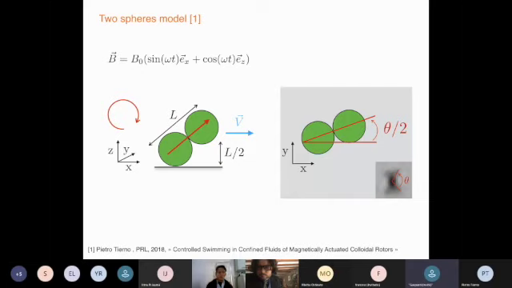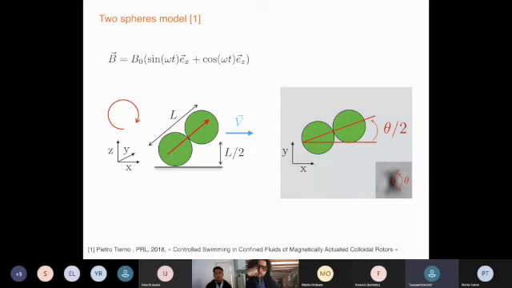Basically, here the microrod is modeled using two spheres glued together with a total length L, driven by the same field, a rotating out-of-plane magnetic field, and they propel. So these two beads propel with a velocity v. We define the angle theta, which is this tilt angle.